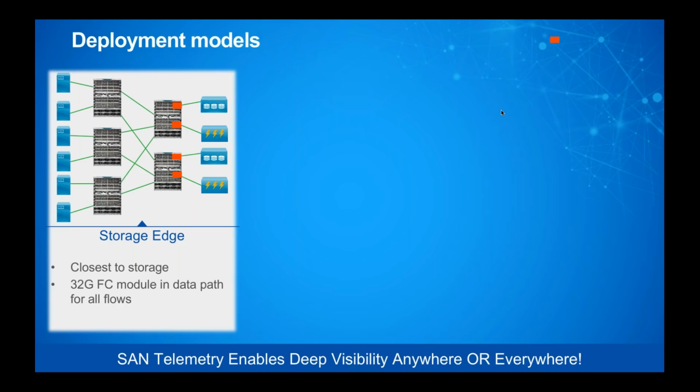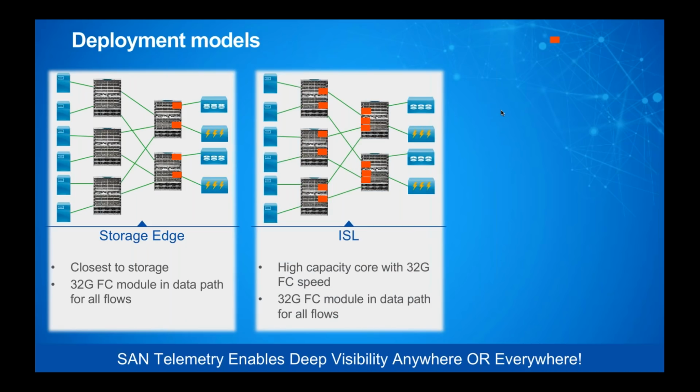And because anyway, your end-to-end traffic between your compute and storage layer passes through the storage edge, you get the visibility there. The second option could be you use these new modules with the integrated telemetry capability as ISLs.